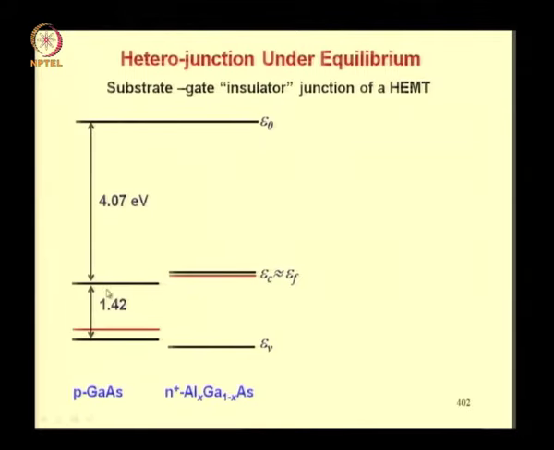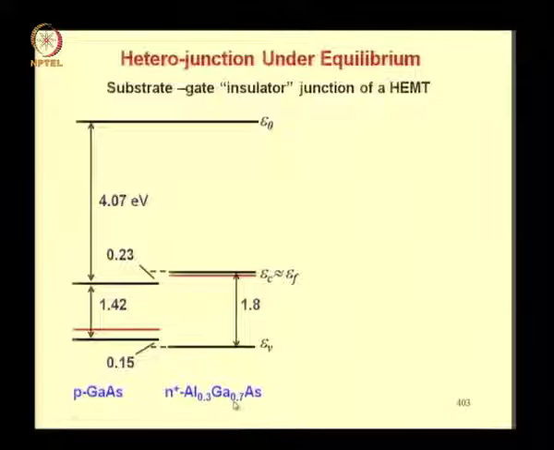P type gallium arsenide, the band gap is 1.42 electron volts and electron affinity is 4.07 electron volts. The Al-gas side, if the mole fraction of aluminum is 30% or 0.3, the corresponding gallium arsenide mole fraction is 0.7. For this case the energy gap happens to be 1.8 electron volts.